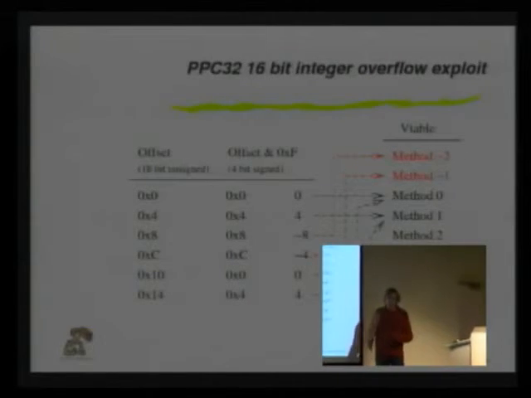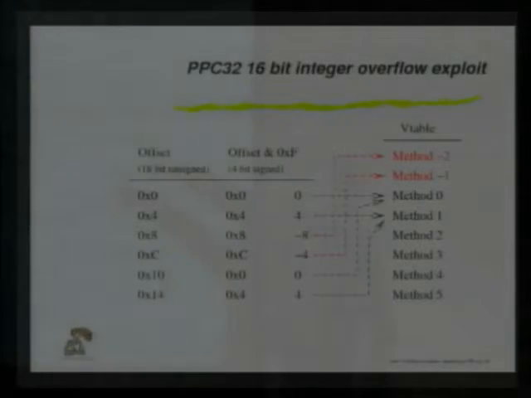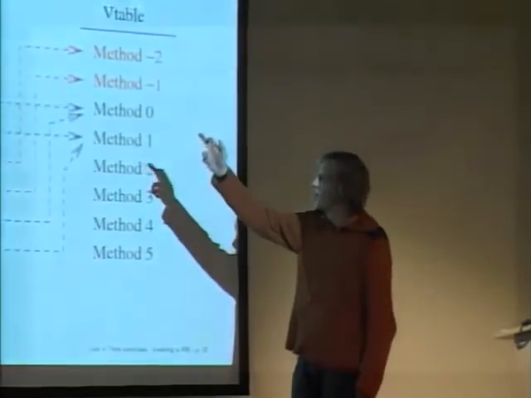So let's now suppose that the offset is not truncated to 16 bits, but just to 4 bits. So we have here such a table. In the left column, there is just a sequence of increasing offsets. And in the next column, we truncate this offset to a 4-bit signed value.